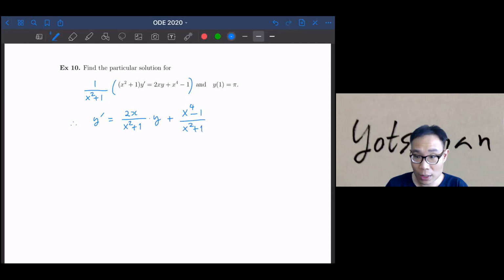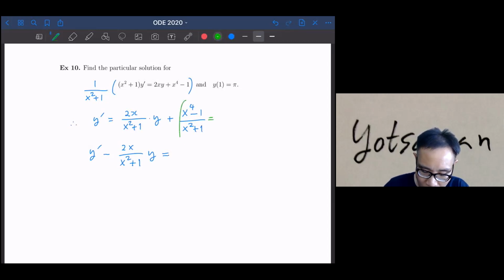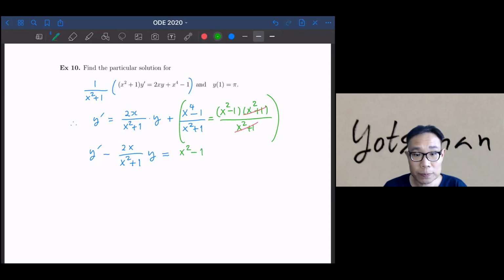So that is going to kind of look like a linear equation, but not yet. You can move the y term to the other side, so you have y prime minus 2x over x squared plus 1 times y equal to, and let me simplify this term a little bit. It's x to the fourth minus 1 over x squared plus 1, and you can get rid of x squared plus 1, so that gives you x squared minus 1 on the other side.